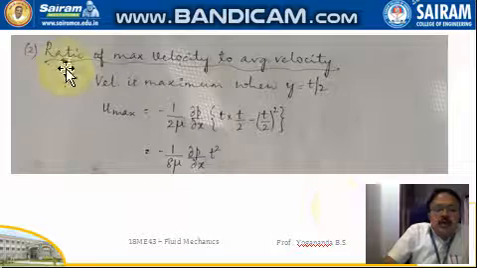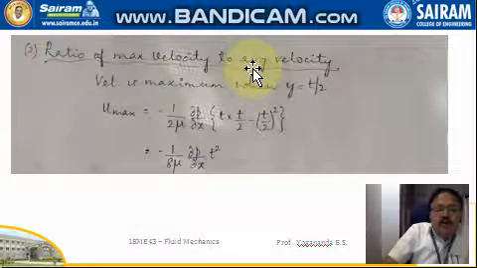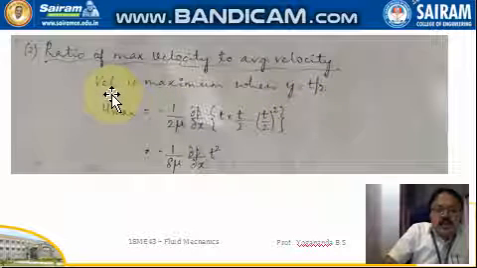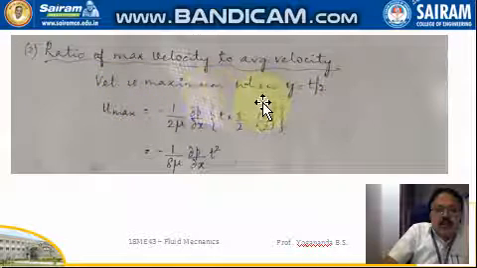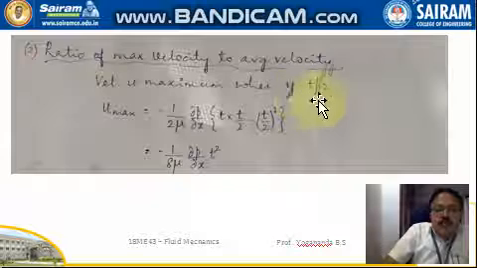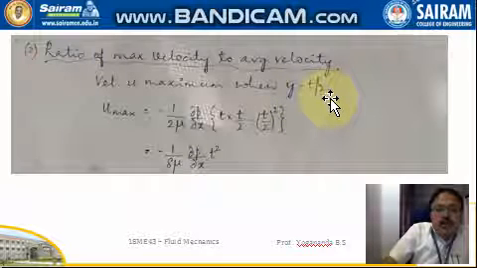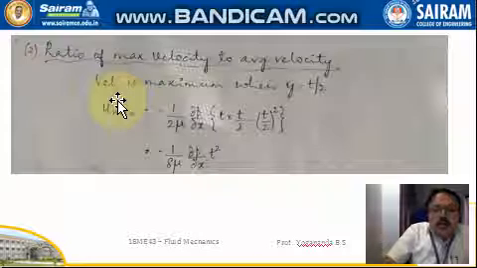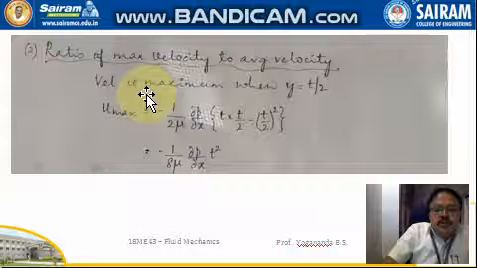Now we are finding the ratio of maximum velocity to average velocity. It is already said that velocity is maximum when y is equal to t by 2, that is, exactly at the center of the two plates.